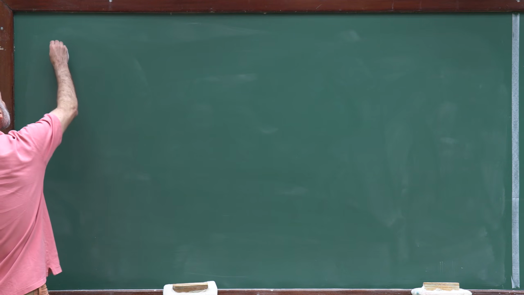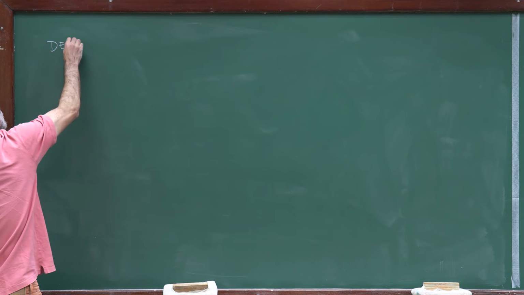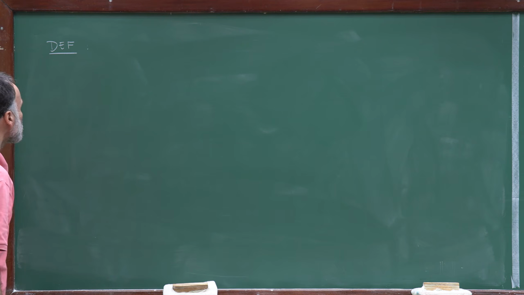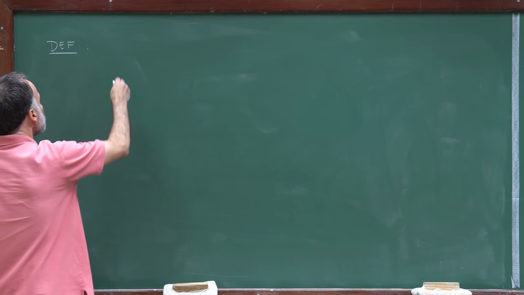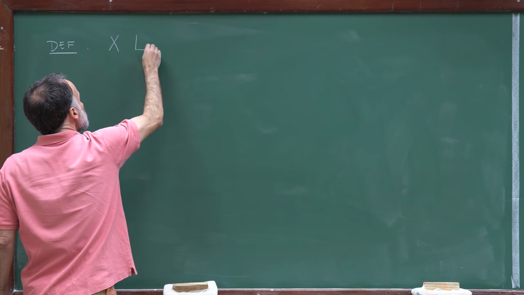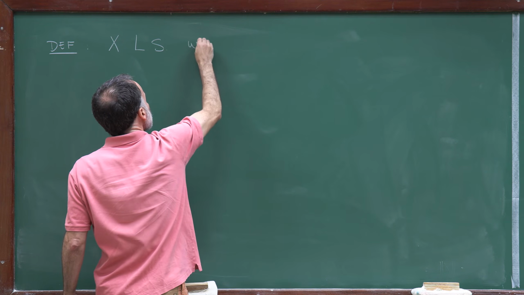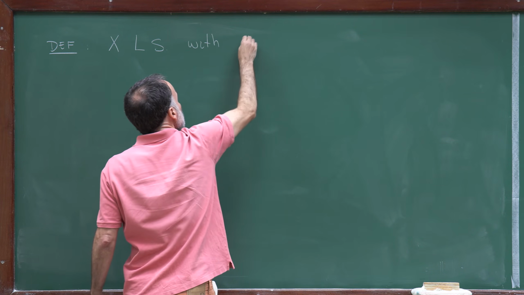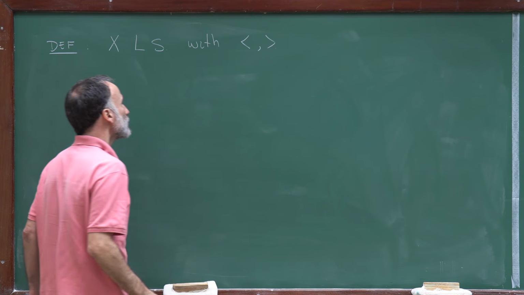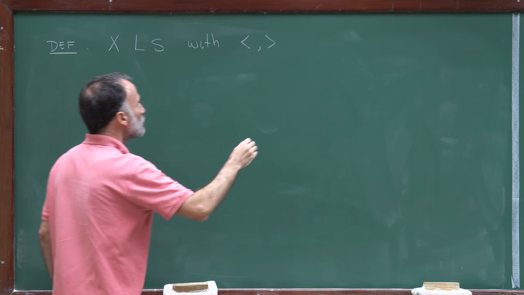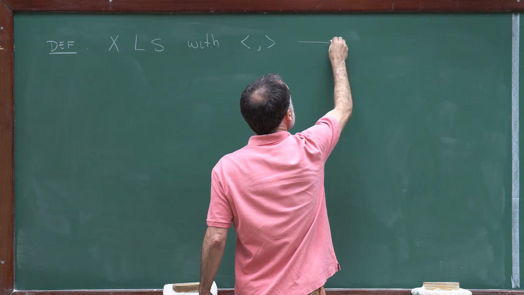So let me just remind this definition, because I will discuss this question. So I have X, a linear space, with a scalar product. This scalar product gives rise to a norm.